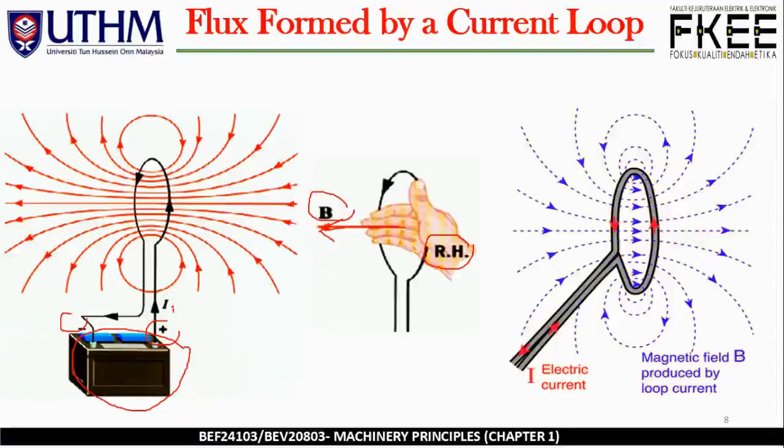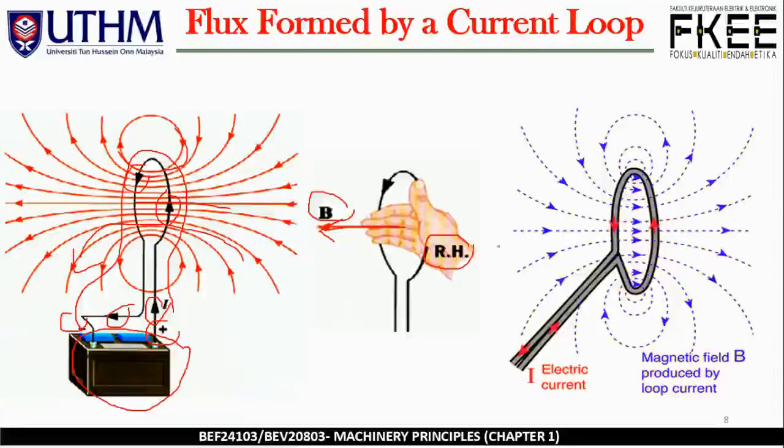The current flows inside the conductor back to the negative terminal, and when you apply the right hand rule, you will see that the red line here is representing the direction of magnetic flux, subject to the direction of the current.